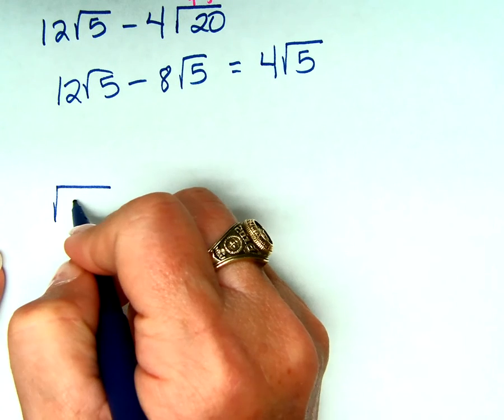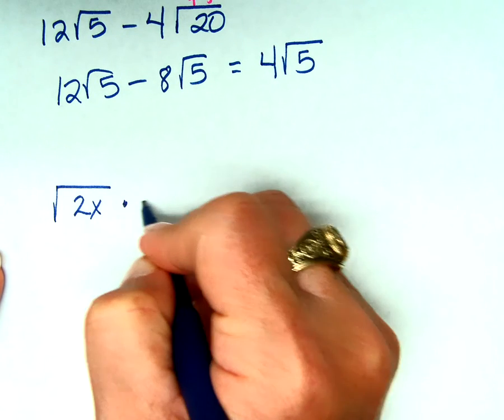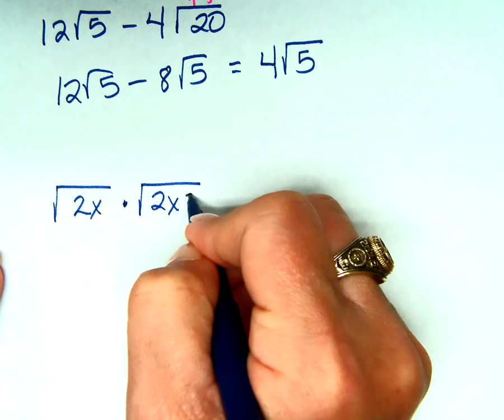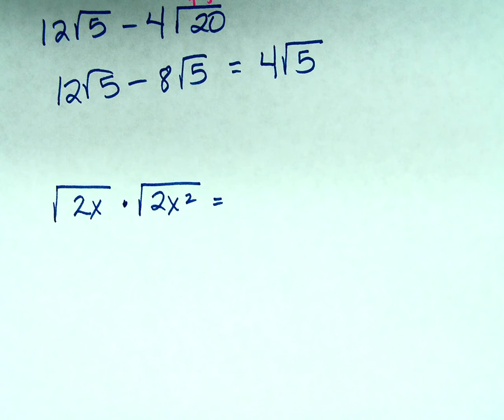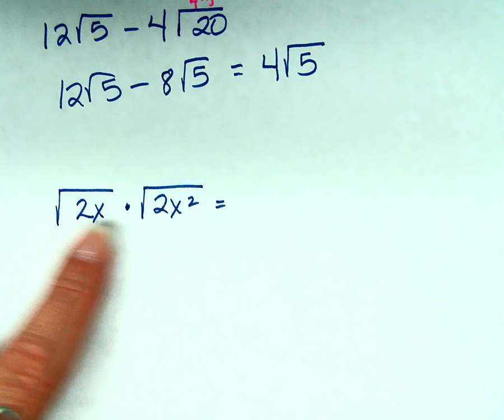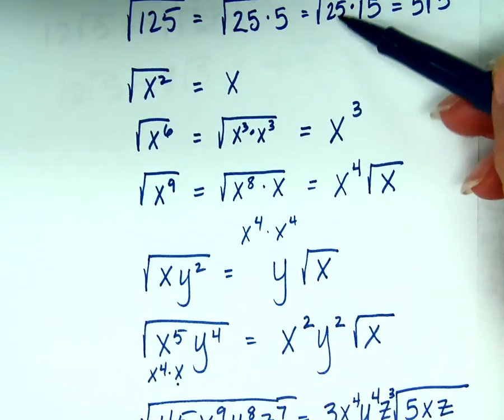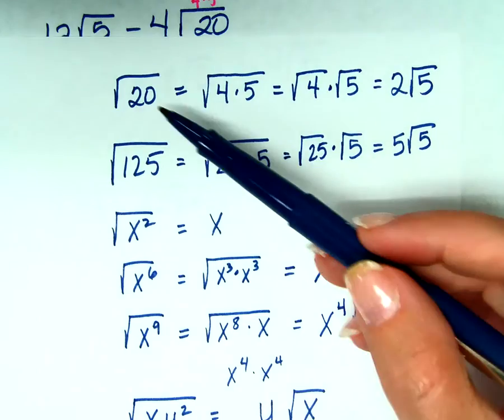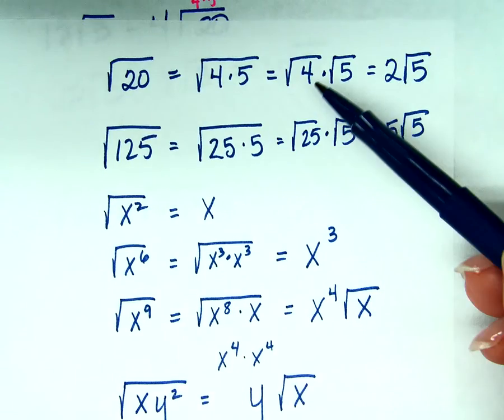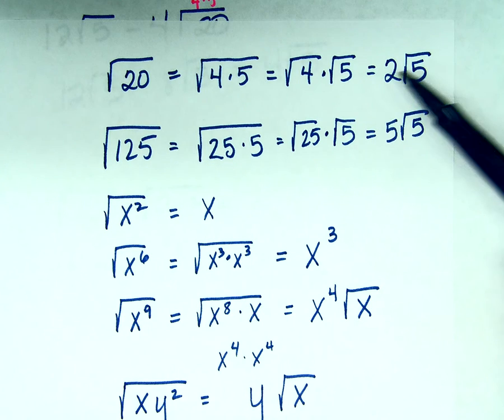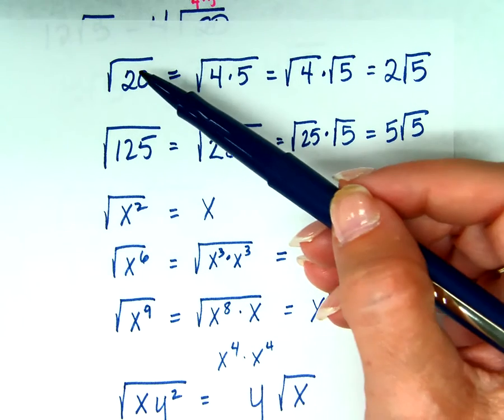So let's start with this. The square root of 2x times the square root of 2x squared. Well, can I multiply these? Think about it, right? When I took this 20 right here and separated it into two parts, I could do that, so am I allowed to go backwards?